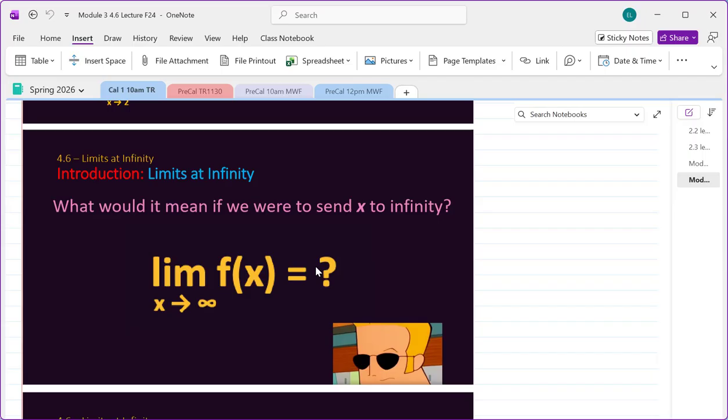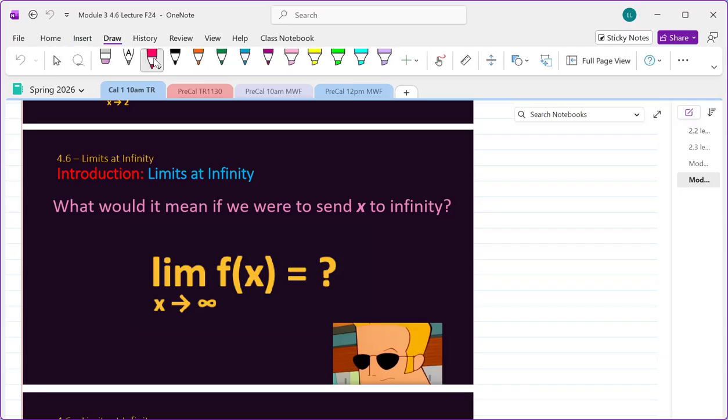So as I plug in big numbers into x to the 3rd, what's going to happen to the function? So if I plug in 1,000,000, what am I going to get when I cube 1,000,000? A big number. And then if I plug in an even bigger number, 1,000,000,000, it's going to get even bigger.